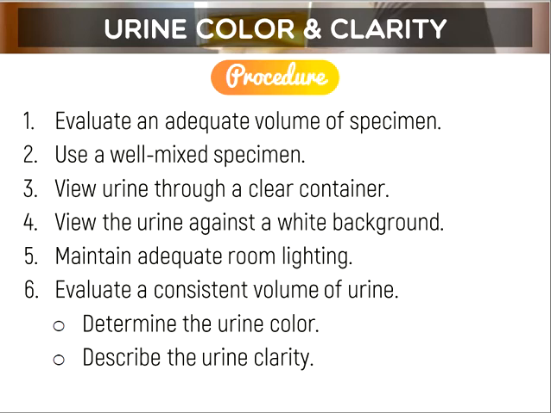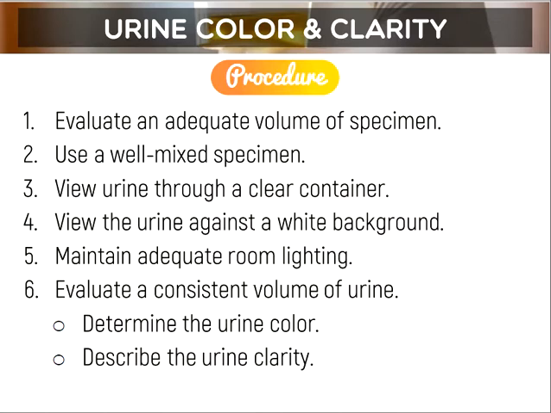Use a well-mixed specimen, view the urine through a clear container against a white background, maintain adequate room lighting, and evaluate a consistent volume of urine. Then determine its urine color and its urine clarity.